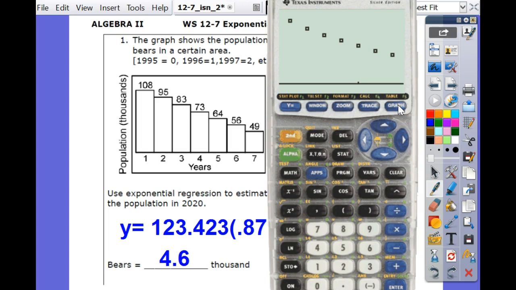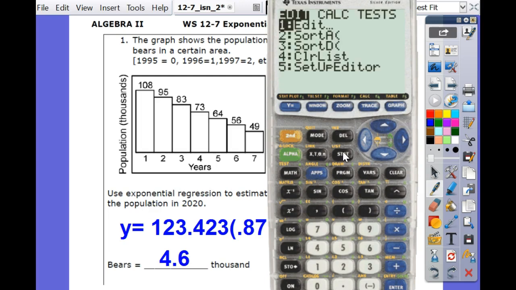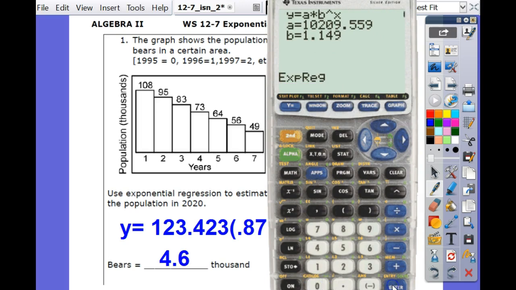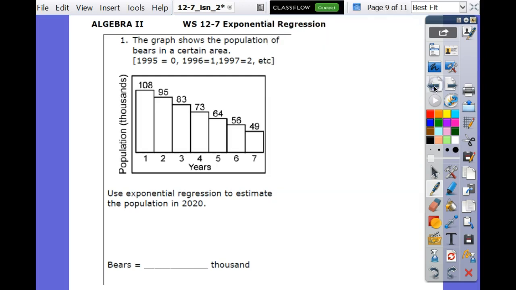So that's what the equation looks like. That does look almost linear. I could probably find a pretty good line to go with that, but we are going to find the exponential graph. So we're going to do stat, right arrow, 0, enter. 0 gives you the exponential equation.